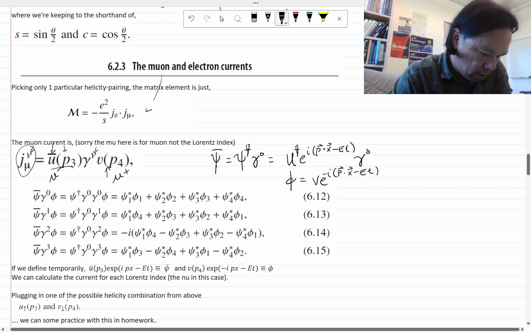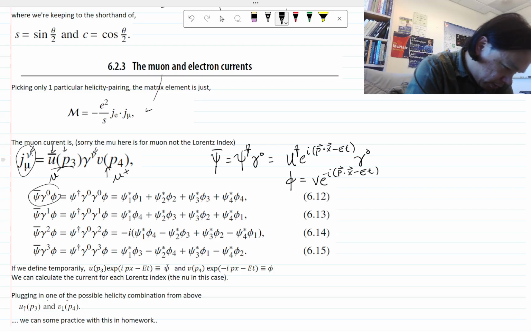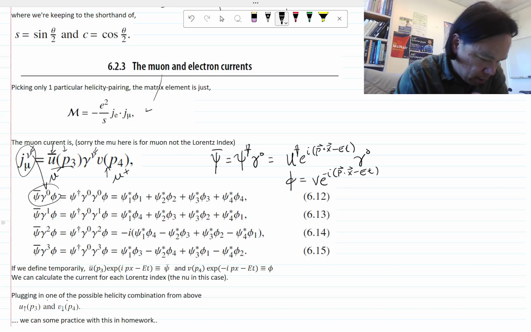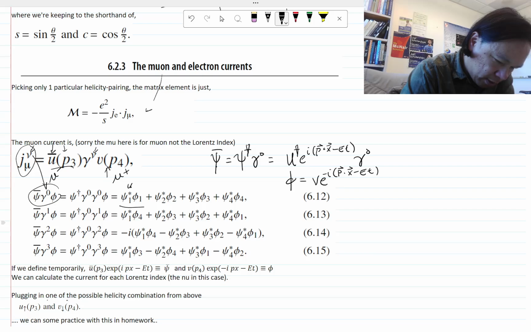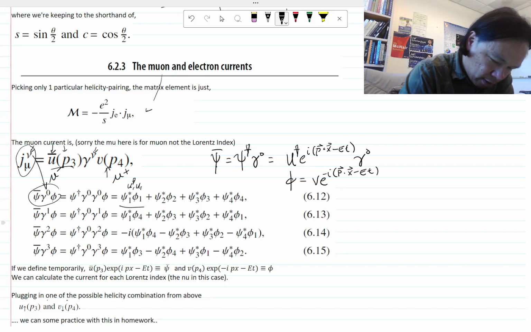When you calculate for nu equal to 0, so we're doing this one piece at a time, this turns out to be basically psi1 star phi1, psi2 star phi2, psi3 star phi3, psi4 star phi4. And this basically turns into u1 dagger v1, and then u2 dagger v2, and so on like that.